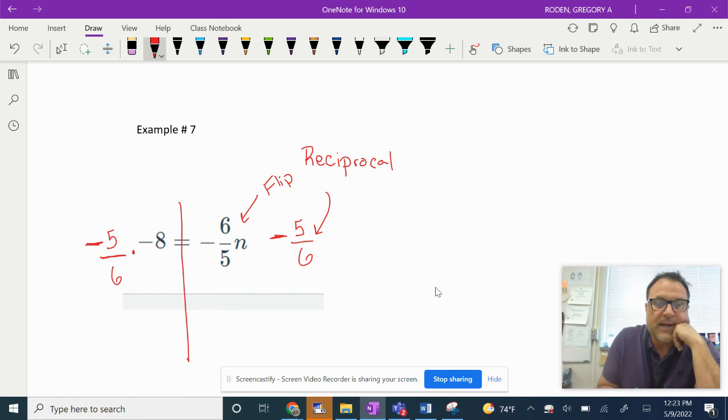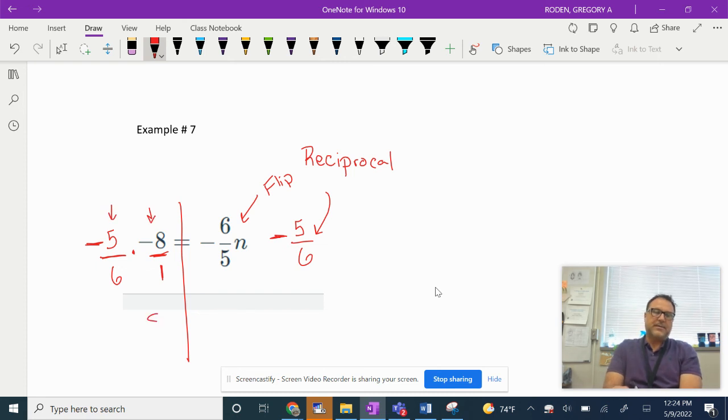Now, when I multiply a fraction times a whole number, I'm going to make my whole number into a fraction by putting a 1 underneath it. Now, I'm going to multiply straight across. Negative 5 times negative 8 is positive 40. 6 times 1 is 6.